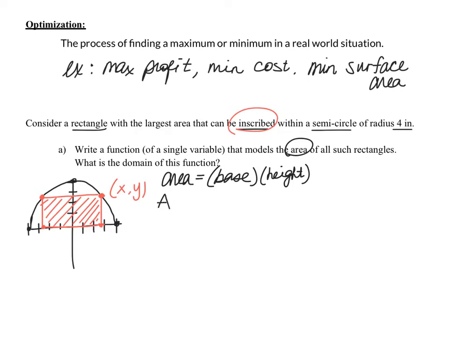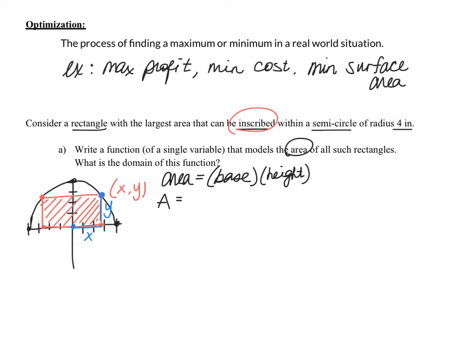So I'm just going to use A for area. And this means I need to look at my diagram, and I need to do a better job labeling this diagram because I need to find out what the length of the rectangle is. So looking at how I currently have this labeled, starting from the origin, we would go to the right a distance of x, and then we'd go up a distance of y to get to that coordinate (x, y) that's on the semicircle.